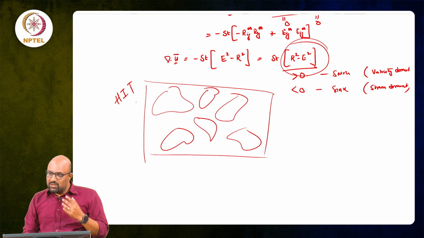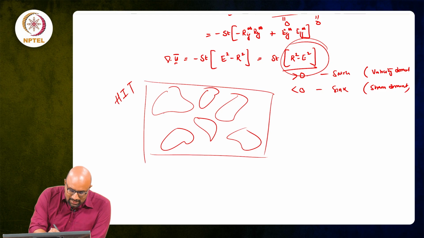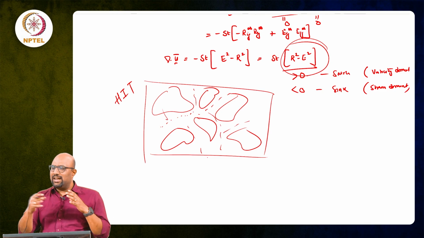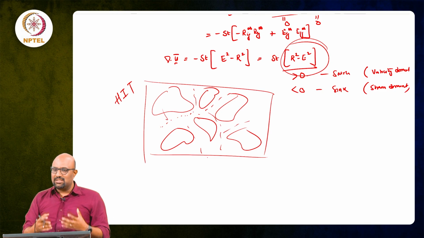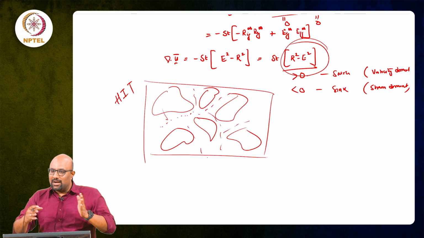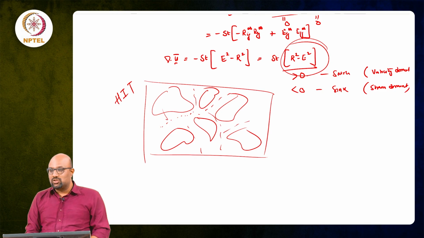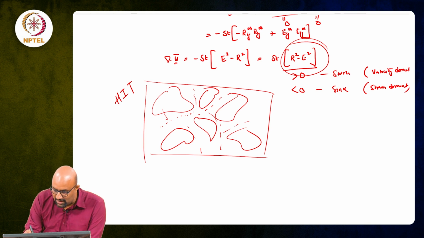So, what you are going to observe, at least when Stokes is not really very large, is that particles are going to get ejected and they will arrange themselves in regions which are strain dominated. So, even though the flow is highly unsteady and has a lot of stochasticity in it, you are going to observe that particles are going to come and collect themselves. They are not going to be uniformly distributed. There will be what is known as preferential concentration or clustering of particles.